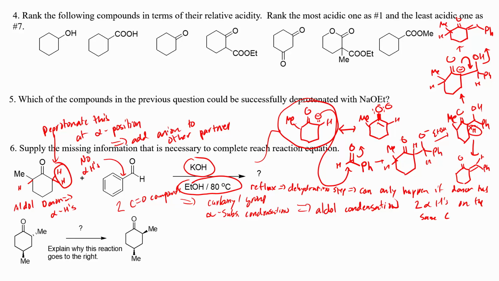If we look at this, it had a pKa of about 20. Water has a pKa of about 16. Therefore, in an acid-base sense, it's actually favorable to kick out OH minus. You're actually producing the less basic compound. OH minus is less basic than the enolate anion.